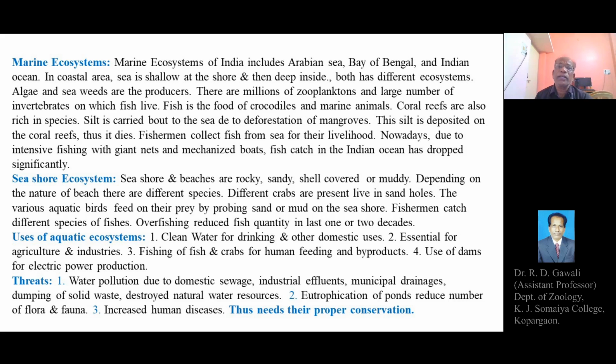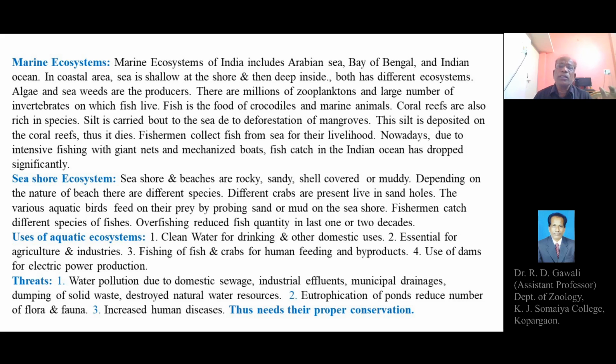So this is a great threat or danger for the available natural water resources. That is, water pollution due to domestic sewage, industrial effluents, municipal drainages, and dumping of solid waste.